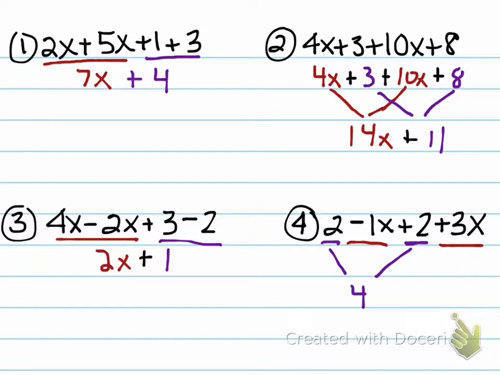Negative 1x plus 3x equals plus 2x. And you can write this either way. 3 minus 1 is 2, or negative 1 plus 3 is 2. Alright, so I'll pause it here.